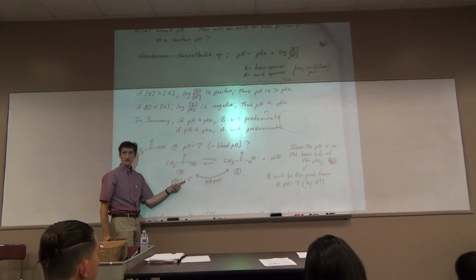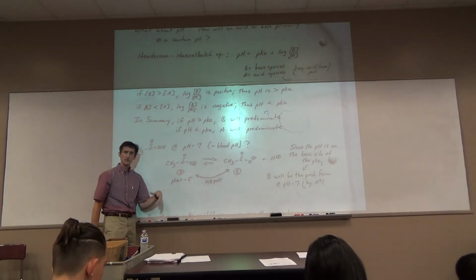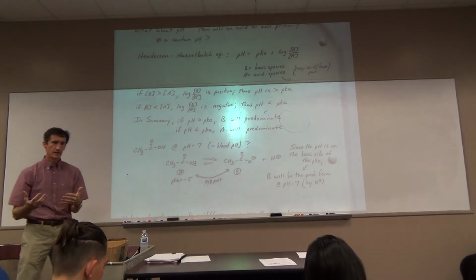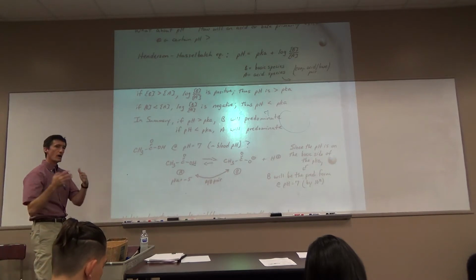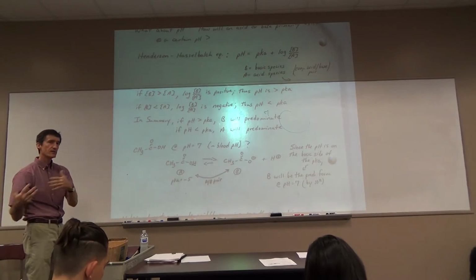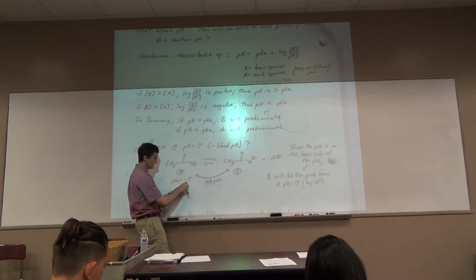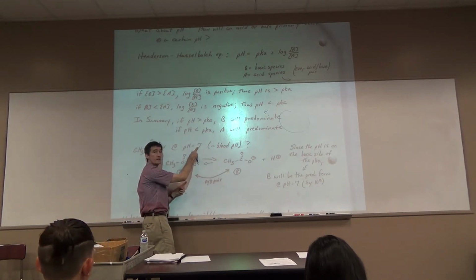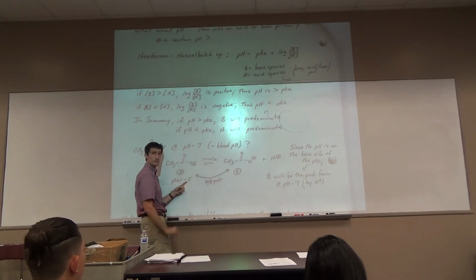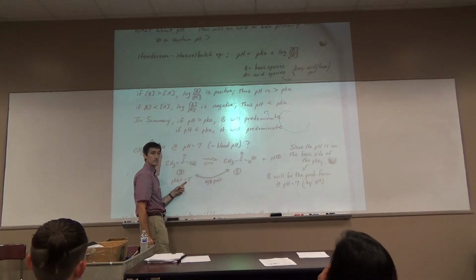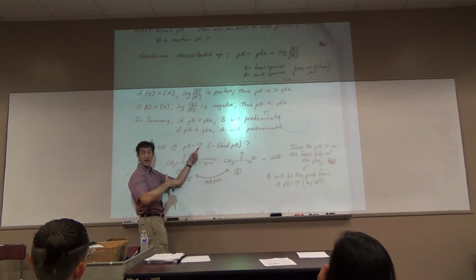This is a constant. That's not going to vary. So what you're saying is, the thing that can vary, is it on the high side or the low side of the constant? 7 is on the high side of 5.